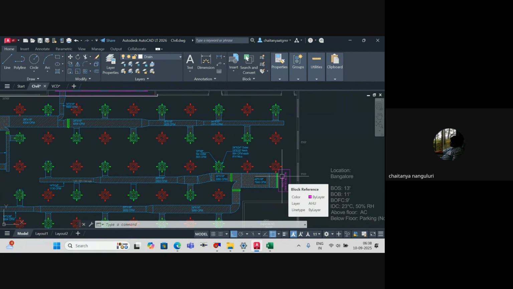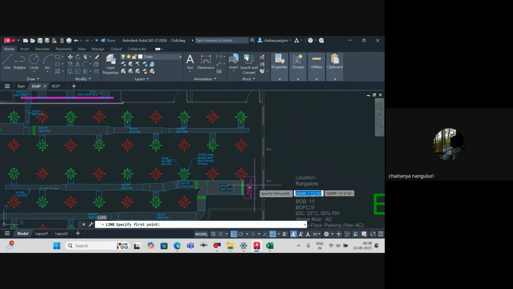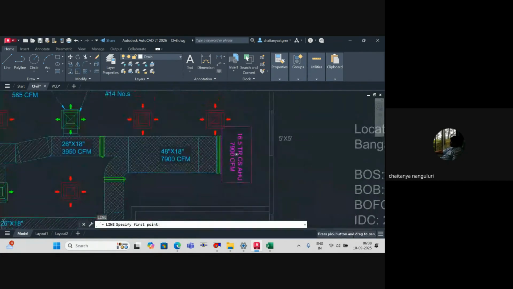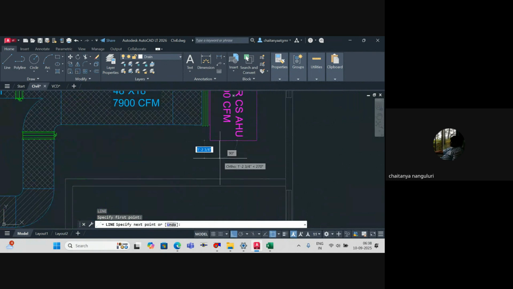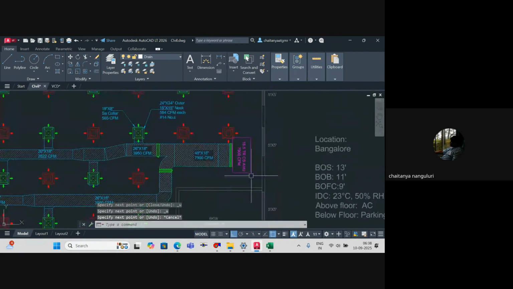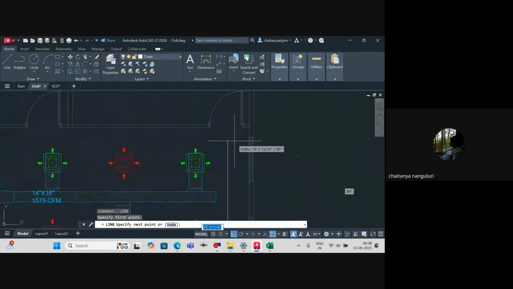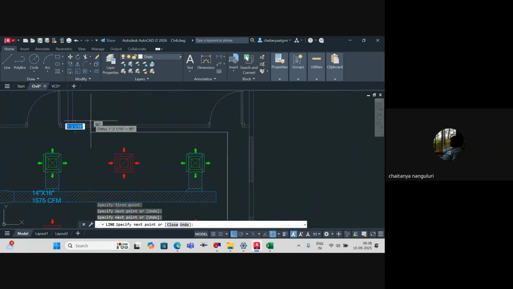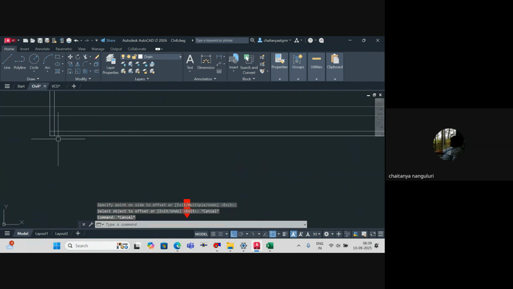Now we'll go to the next one as well. This particular drain point as well. From here, the ductable split generally on the back side will have it. Let's offset.